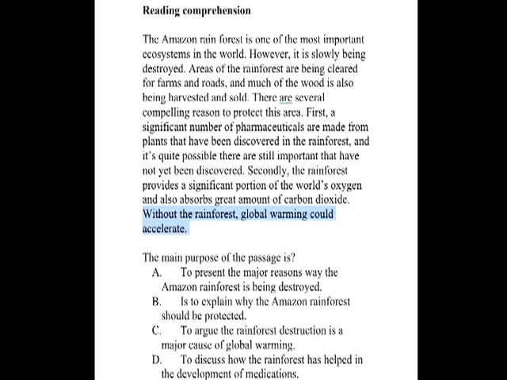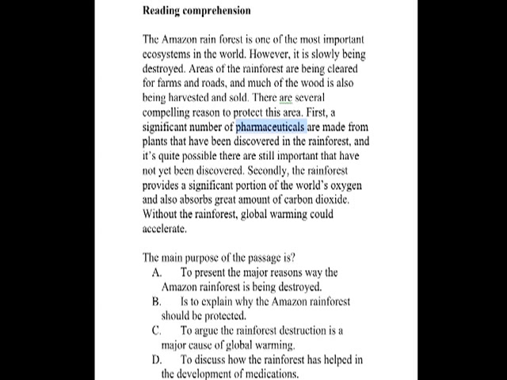Now, D says that the main purpose is to discuss how the rainforest has helped in the development of medications. And even though we know from reading the passage that it mentions pharmaceuticals being made from the rainforest, this again is not the main purpose of the passage.